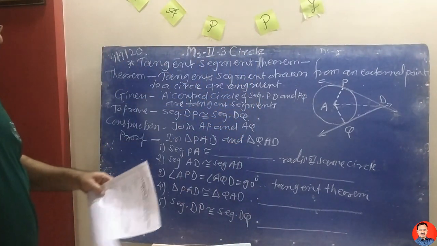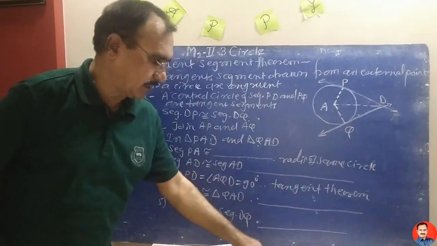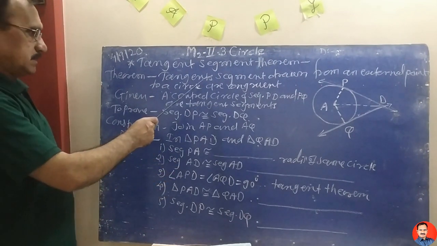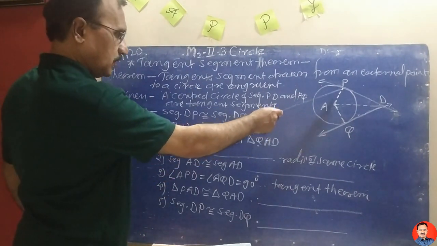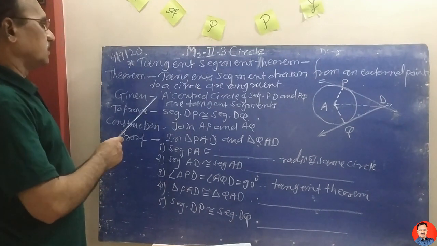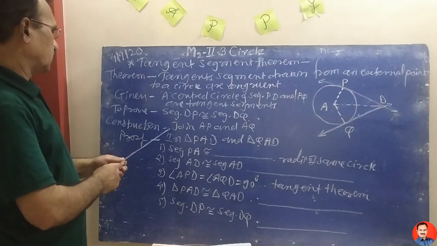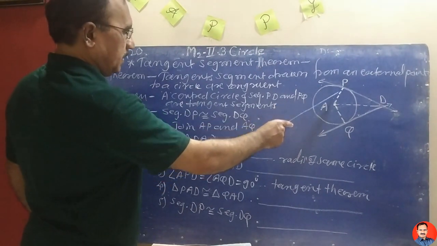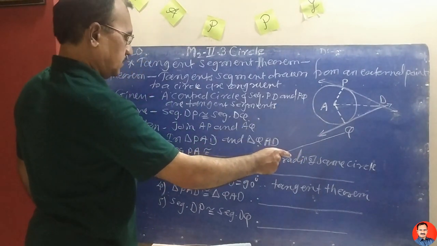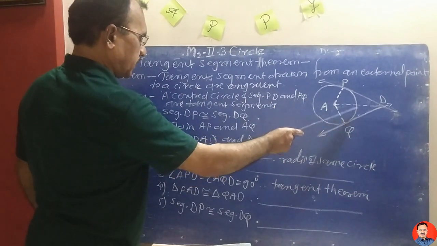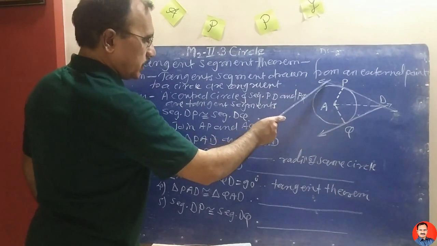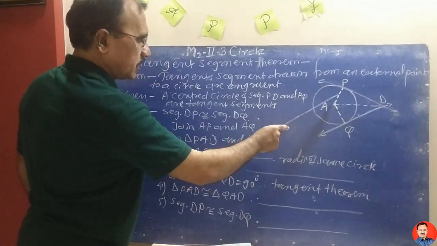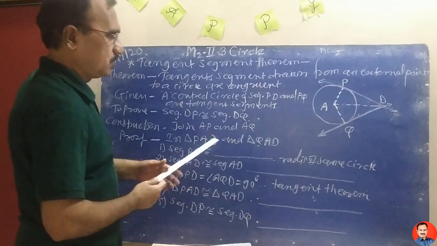This is called an activity-based theorem or activity-based example. The statement is given, the figure is given, we have to draw constructions, then write the given, construction and proof. In triangle PAD and triangle QAD, there are two triangles. We know if a tangent is drawn at the end point of a radius, the tangent is perpendicular to the radius.